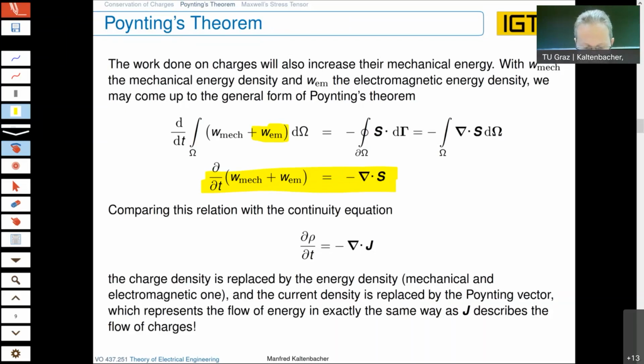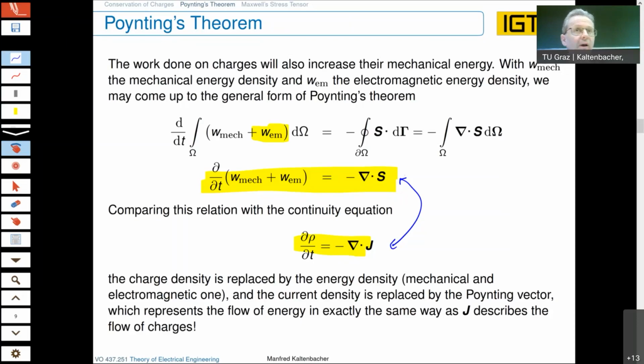It is also very interesting to compare this to our continuity equation, where we know that the divergence of the current density, again with a minus because we have put it on the right hand side, is balanced by the time change of the electric charge density. So the charge density in our theorem corresponds to the energy densities, and the current density itself is our Poynting vector.